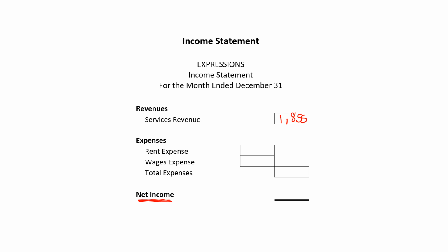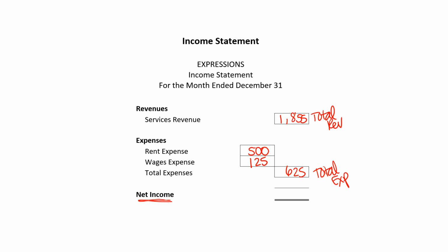Then we look at expenses. Rent expense was $500, and wages expense was $125. Those were the only two expenses that the business had that month. We total those expenses to get total expenses of $625. So this represents total revenue. This represents total expenses.